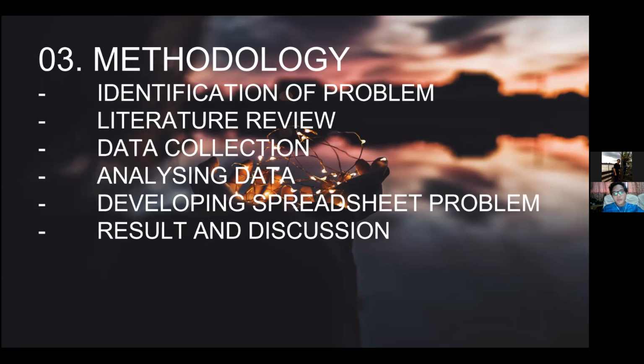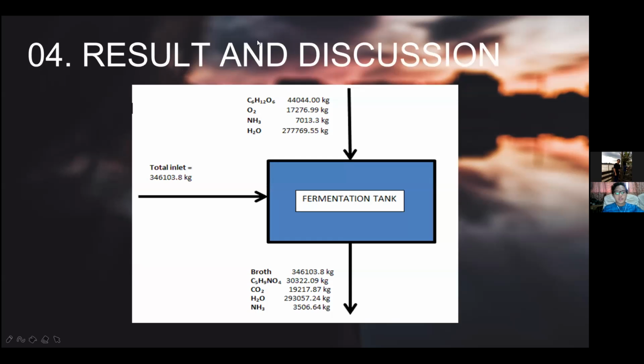The spreadsheet program results were used to help recommend ways to reduce energy consumption, maximize the production of MSG, and reduce the GHG effects. Besides, all the data were discussed in the section of the study. So next, I will pass to Muhammad Hafizul again to talk about result and discussion.